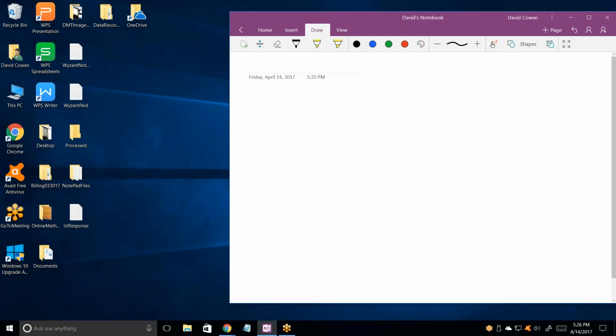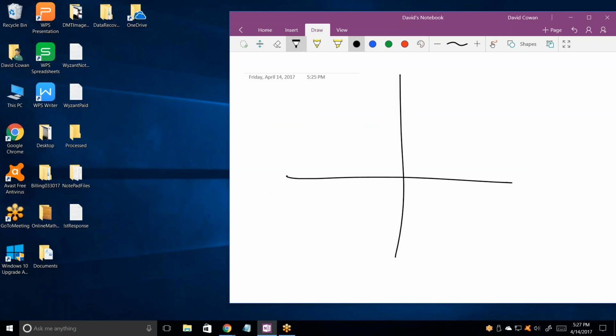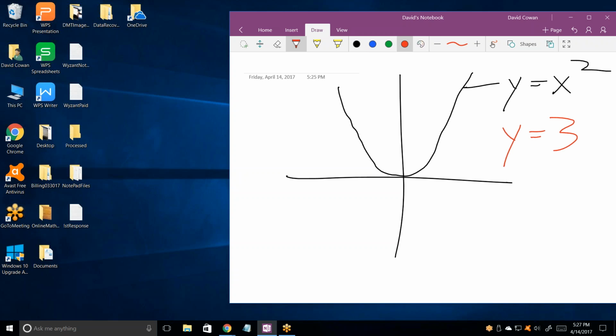Okay, let me just draw it. In other words, if I was drawing the parent function, that's y = x squared, and all of a sudden somebody says, well, what does y = 3x squared look like? Makes it skinnier, right?